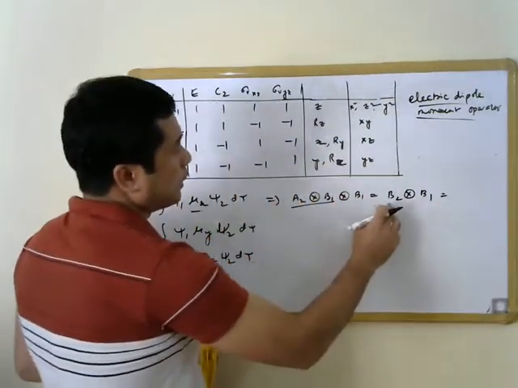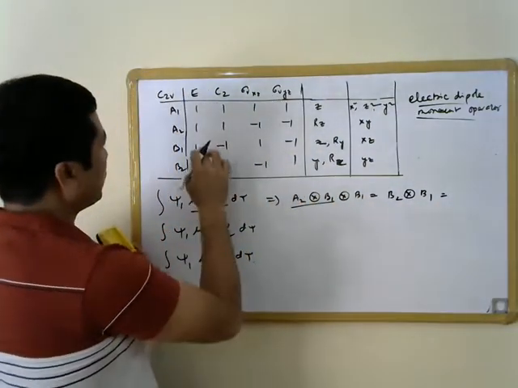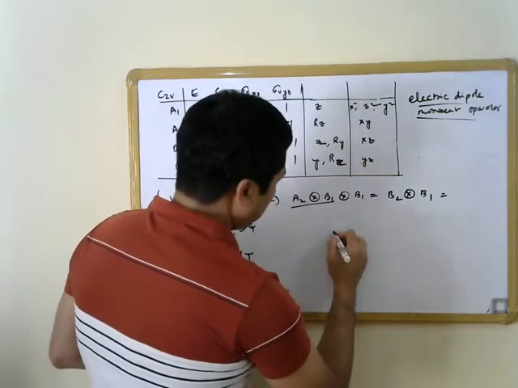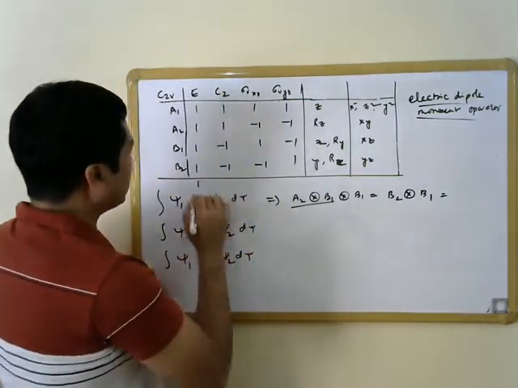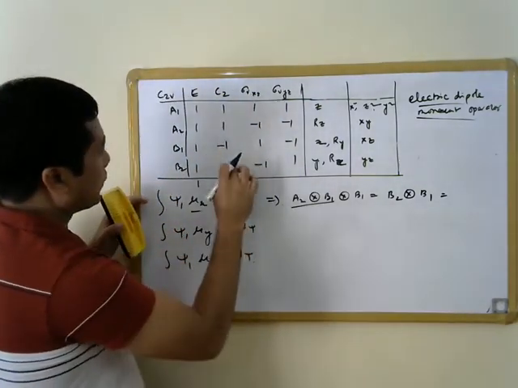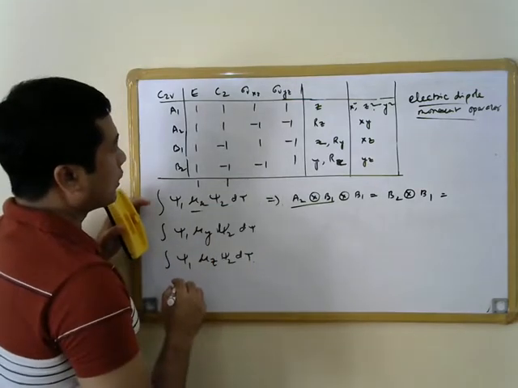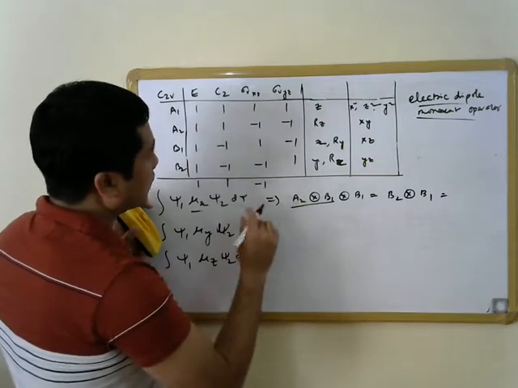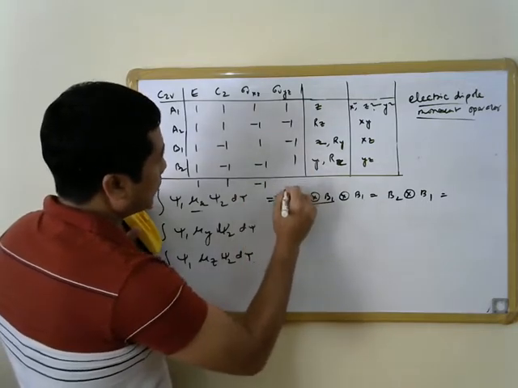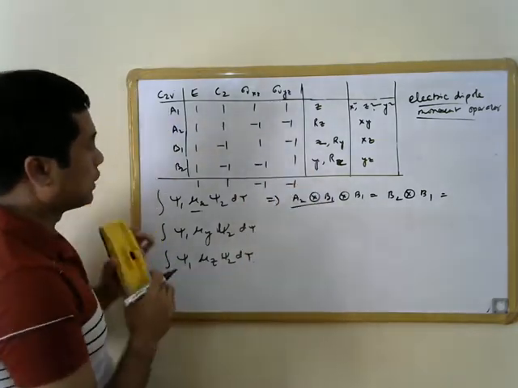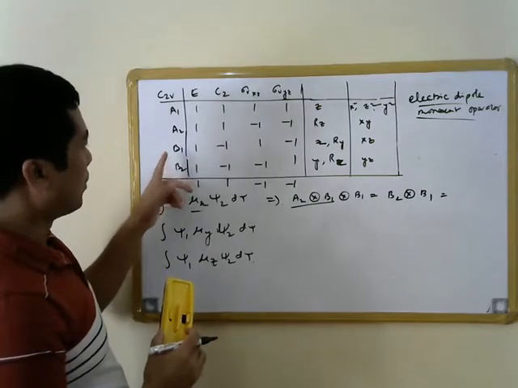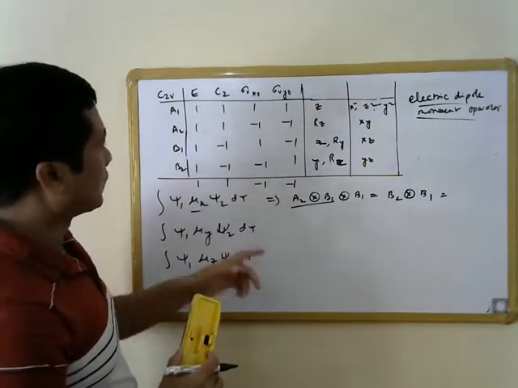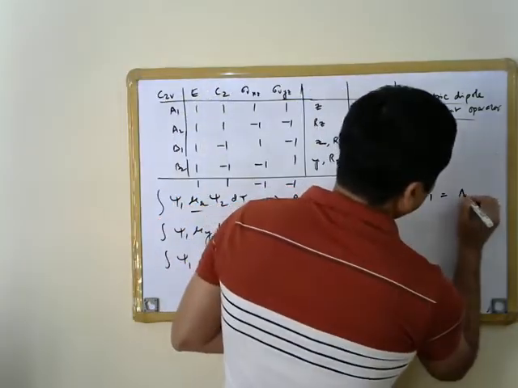So this is going to be B1 into B2: 1 into 1 is 1 over here, and minus 1 into 1 is minus 1 for C2, and 1 into minus 1 is minus 1, and minus 1 into 1 is minus 1, and so on, which gives 1, 1, minus 1, minus 1, which is equal to A2.